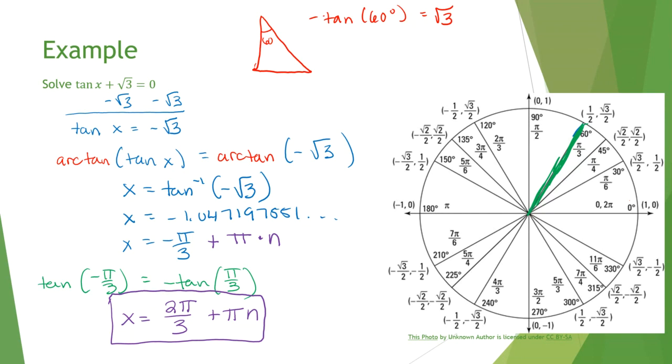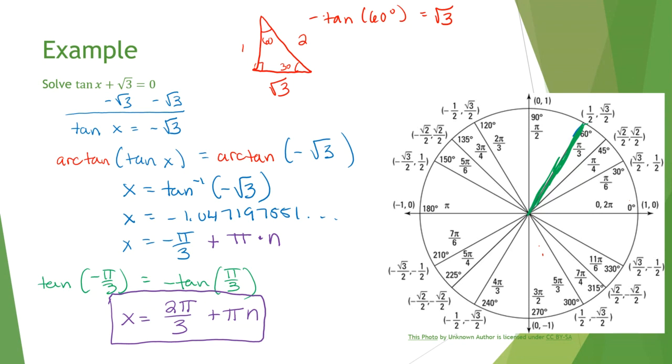So keep in mind our 30, 60, 90 triangle from yesterday, where the hypotenuse is 1. Across from 60, we have square root of 3 over 2. And across from 30, we have 1/2. Now this triangle is not drawn to scale. If I multiply everything by 2, this comes to 2, 1, and square root of 3.